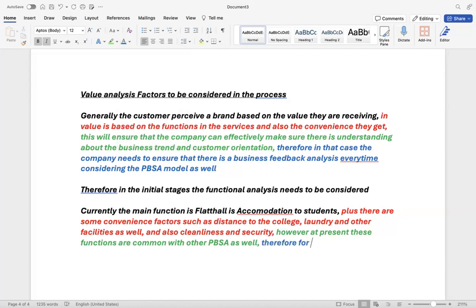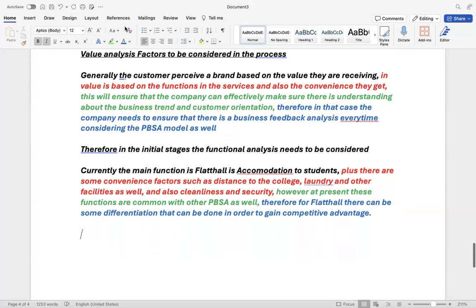Therefore, for Flatthall, there can be some differentiation that can be done in order to gain competitive advantage.